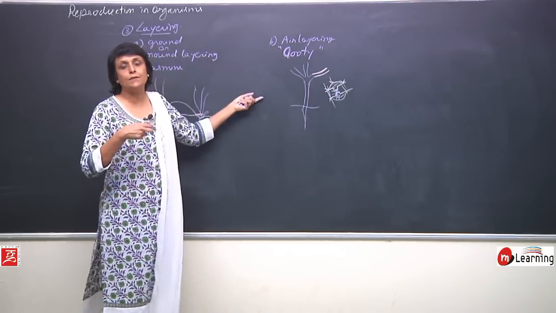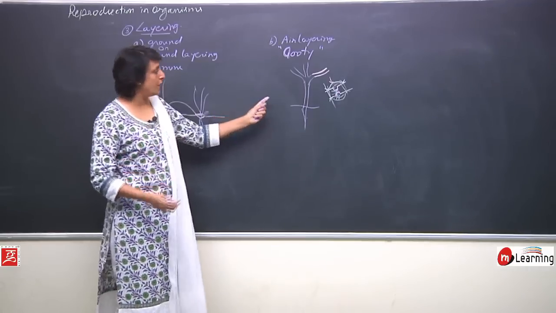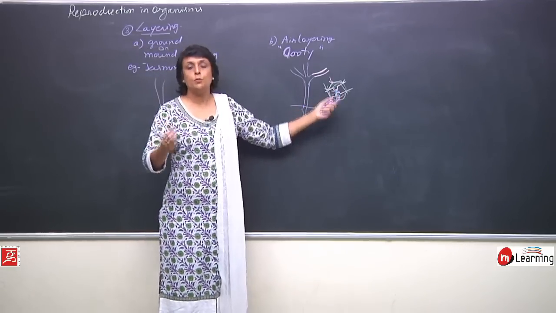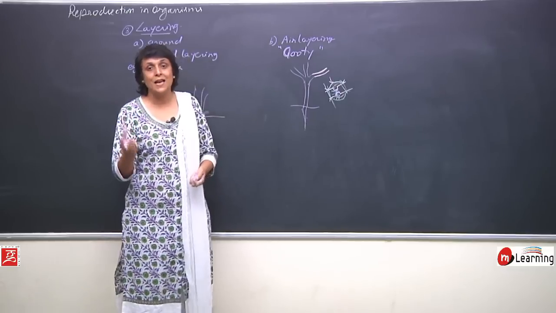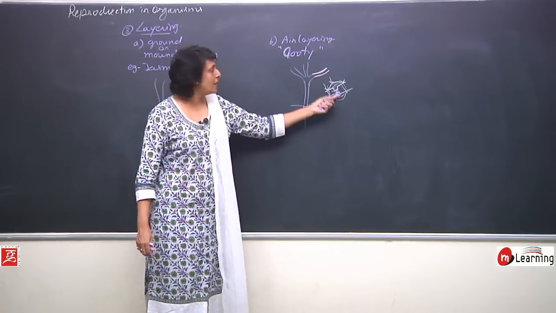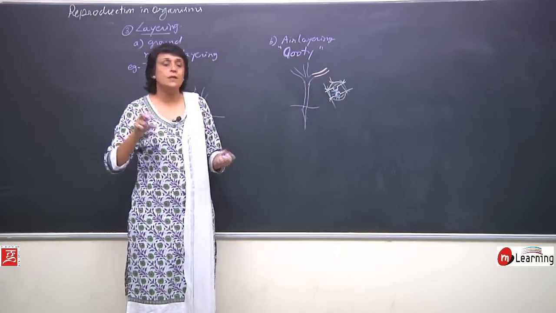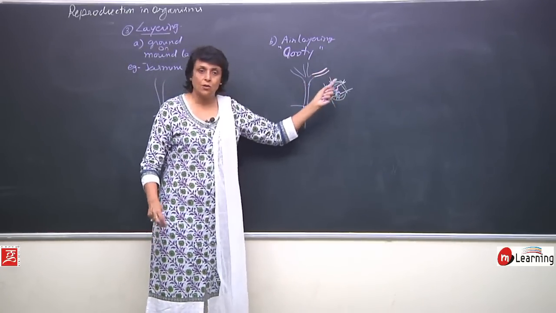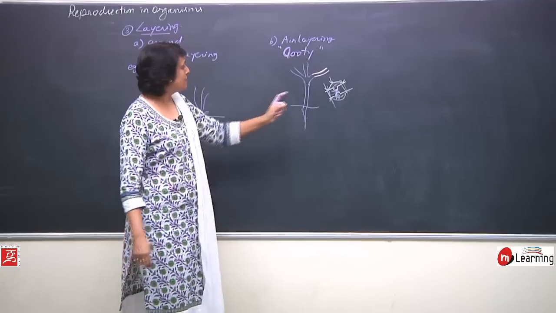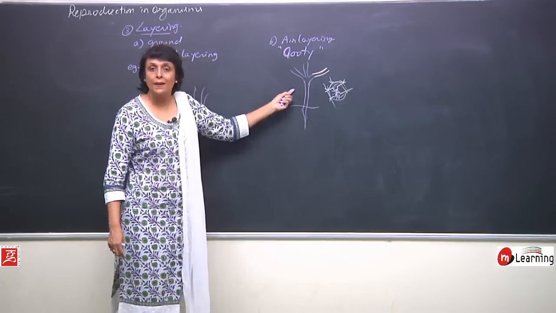So, if we have say a mango tree or a guava tree and we want 100 trees of the same type which produce the same type of fruit, same size of fruit, same flavor and everything. By this method we can tie maybe 10-15 gooties and every branch or every gootee will give us one plant which is exactly identical to the parent plant.